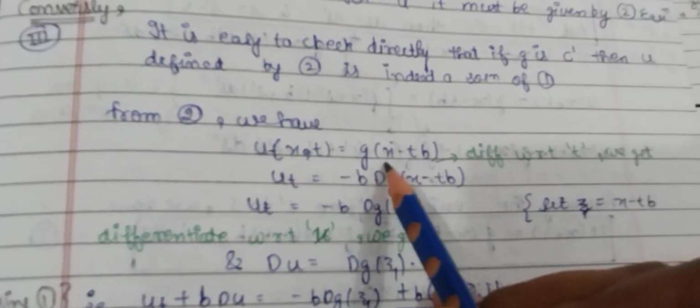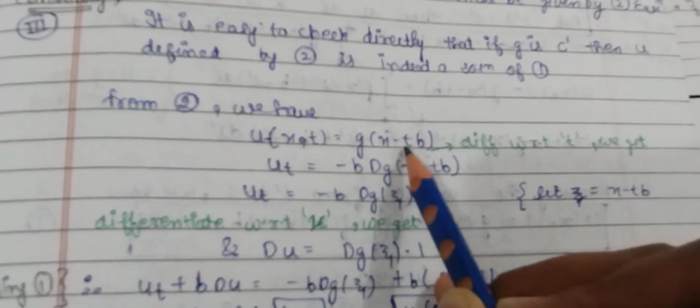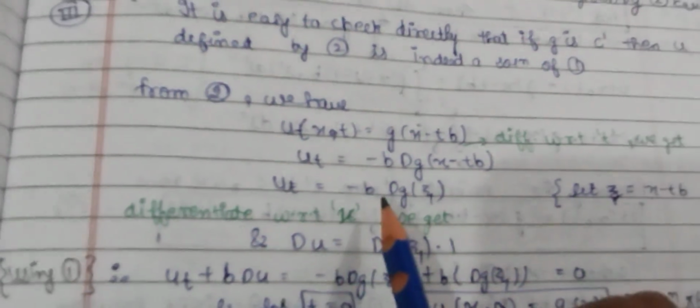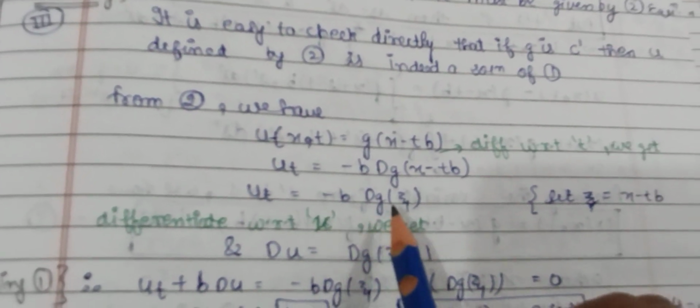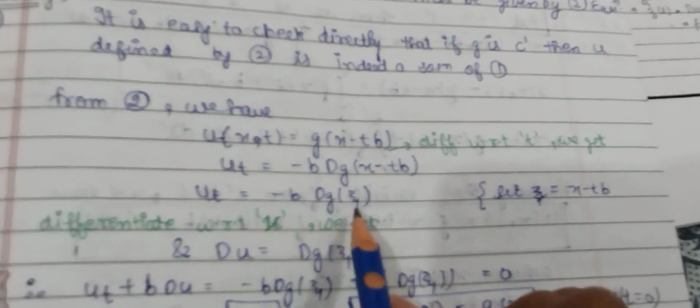So ut is the derivative of g(x minus tb), and when we differentiate this with respect to t, we get minus b, because the derivative of t is 1. So ut equals minus b Dg(xi), where x minus tb equals xi.